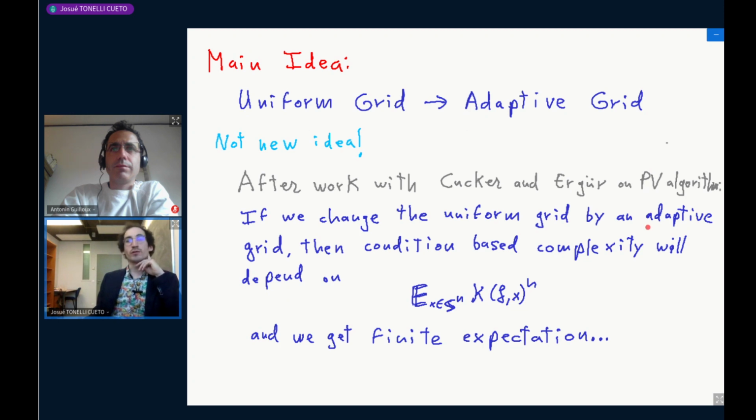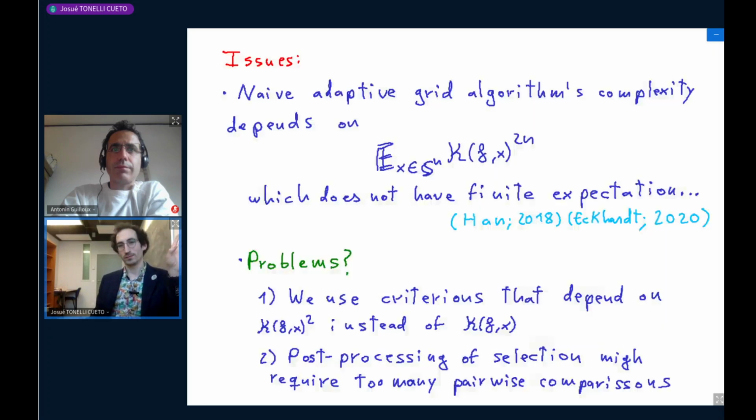The main idea is that if, instead of using a uniform grid as in the algorithm by Cucker, Krick, Malajovich, and Wschebor, we use an adaptive one, we should get an algorithm whose complexity depends on a quantity which has finite expectation. That is more or less the underlying idea.